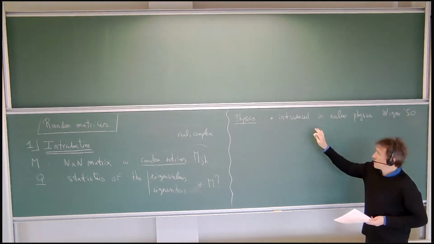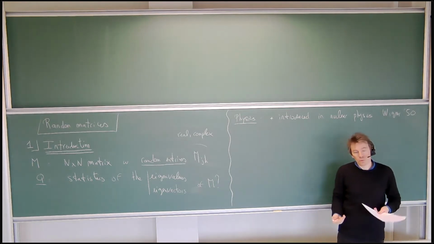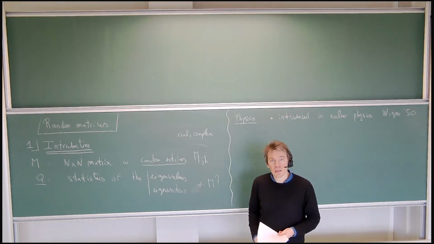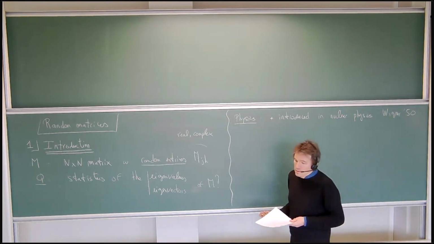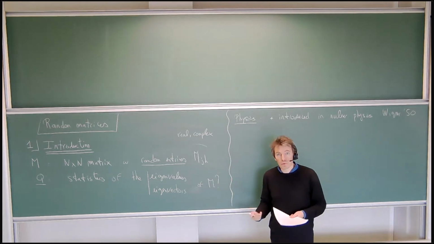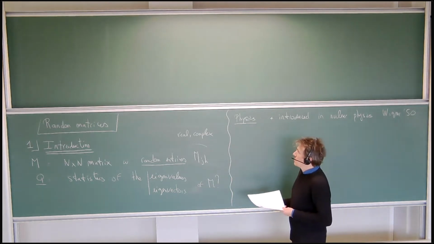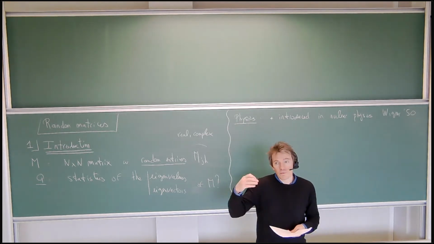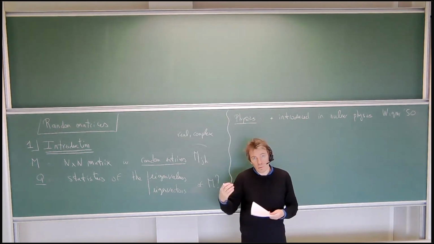And the idea there was that people wanted to have an idea of the energy levels of a complex and big nucleus. And instead of solving the full Schrödinger equation, which would be extremely complicated, even numerically, people started to argue that in some cases, one could approximate the spectrum of such heavy nuclei by the spectrum of some random matrices.